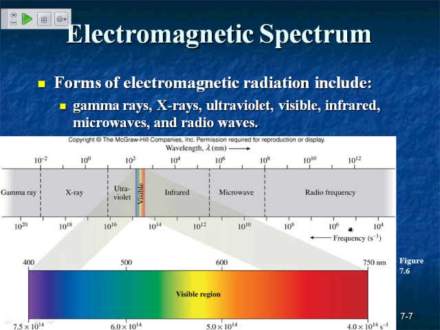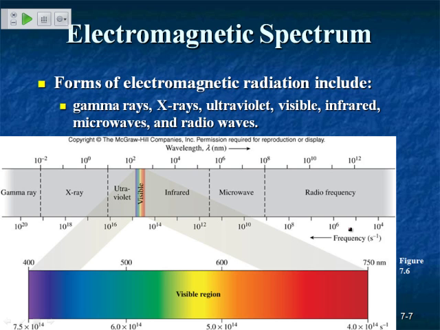Note that visible light, the light that we can see with our eyes, is a very small part of the electromagnetic radiation. If you look at the entire spectrum, this is the visible light. It has been expanded for you, the visible region, so that you can differentiate the colors. We can see only this much of the electromagnetic radiation with our naked eyes.